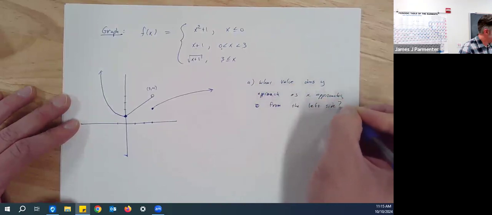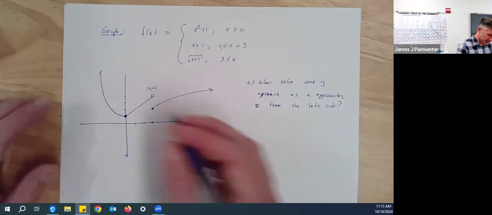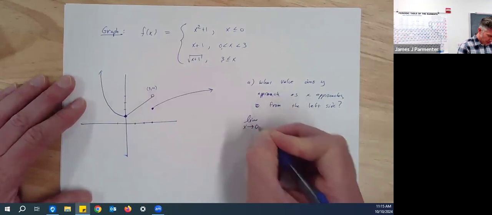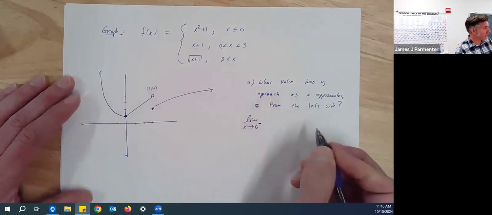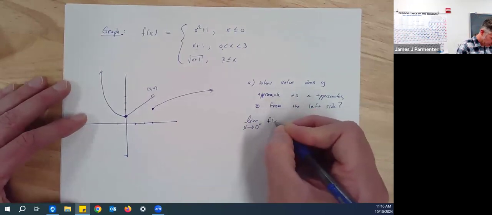That's a lot of words to write. I don't want to write all those words. Here's the way we generally deal with this. We write this as the limit as x approaches 0 from the left side or the less than side of 0 of f of x.